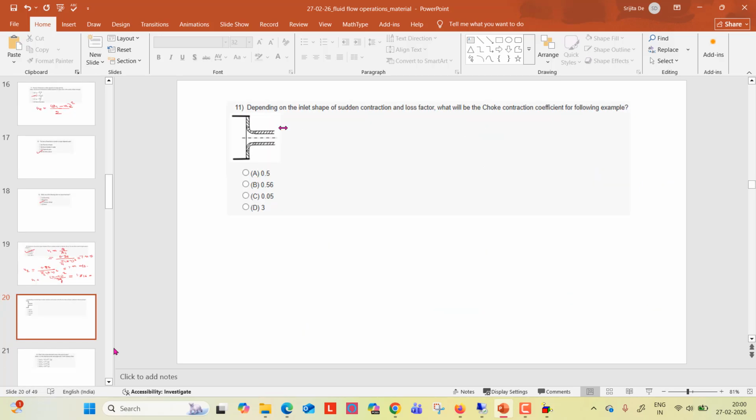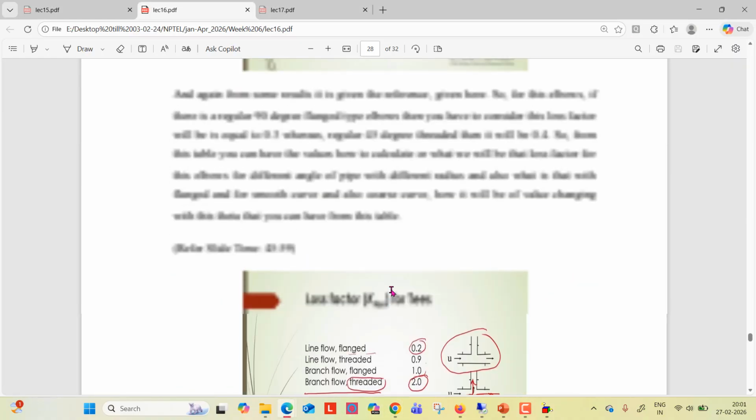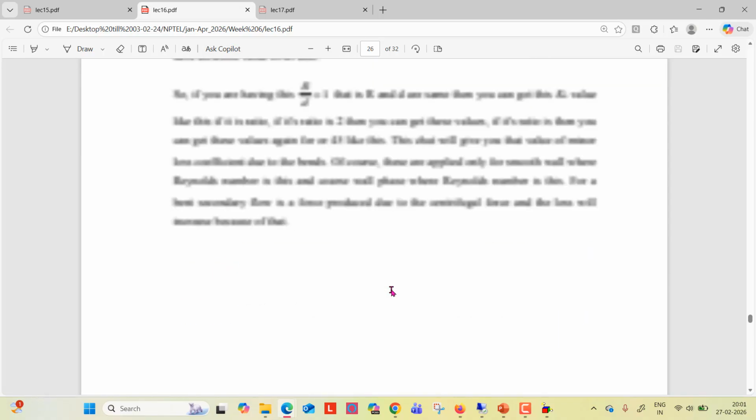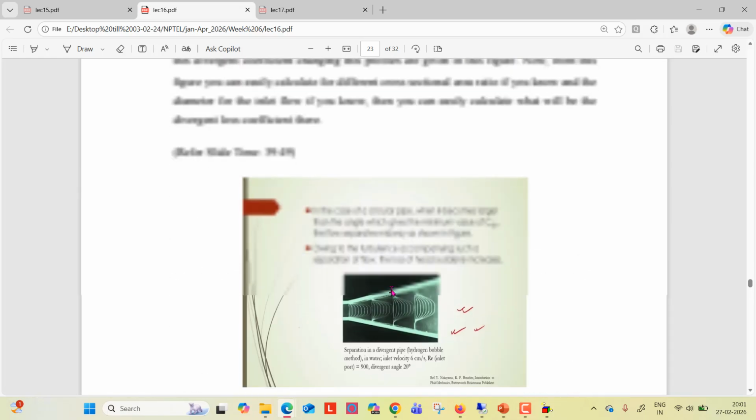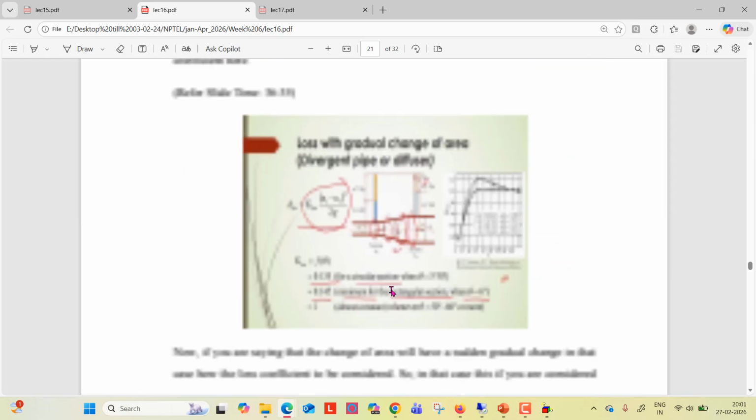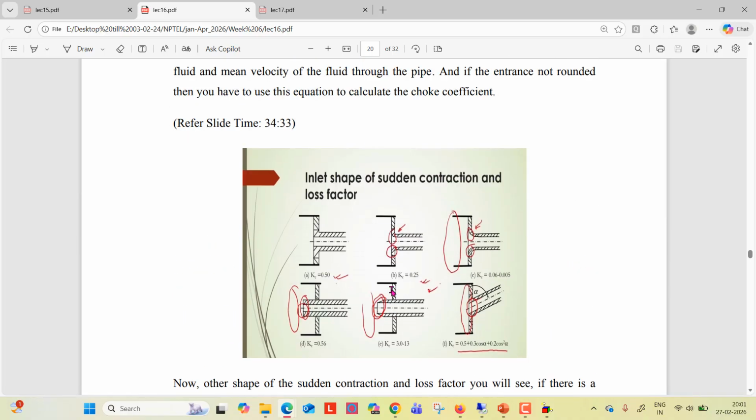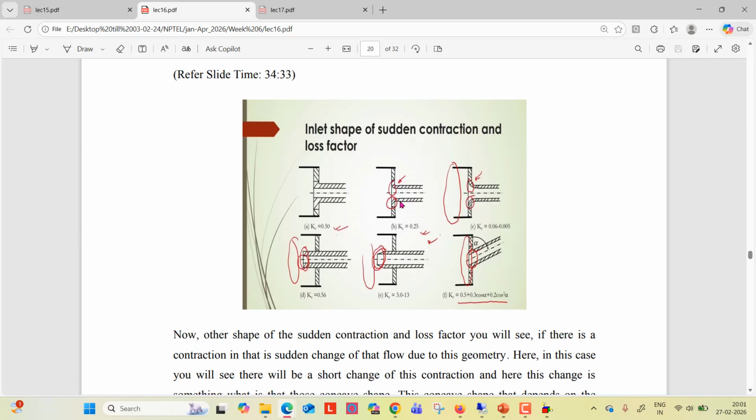Next. Depending on the inlet shape of sudden contraction and loss factor, what will be the choke contraction coefficient for the following example? So you have seen in this, it is slightly rounded, right? So if you go back to the notes where the examples are given, it is kind of like this, right?